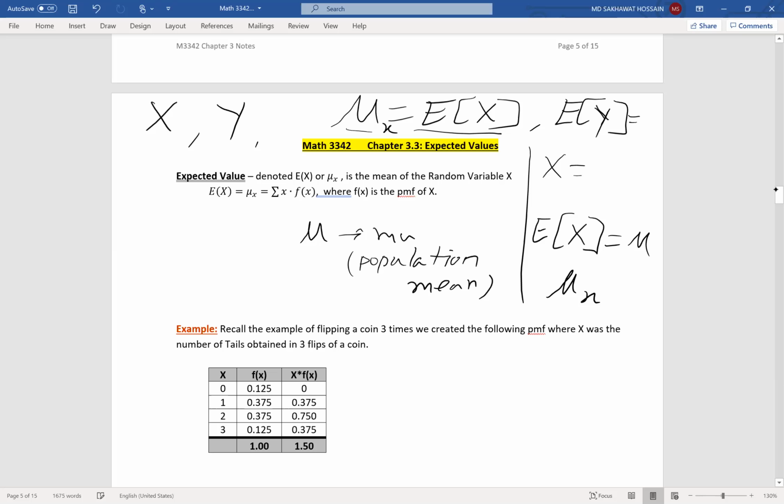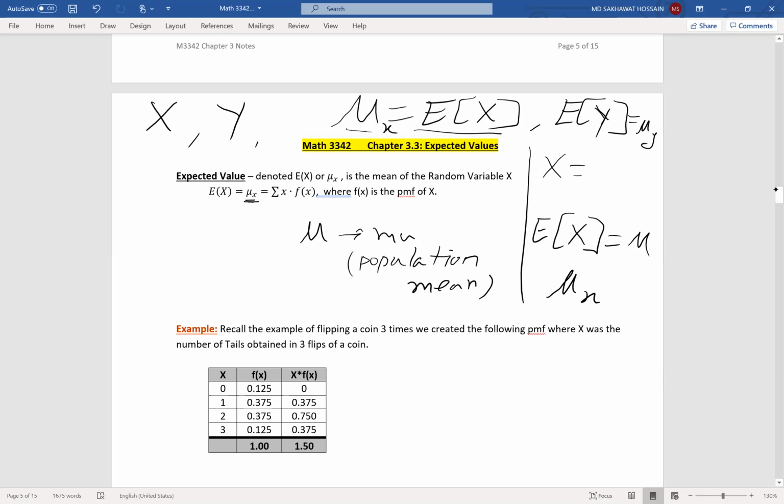So mu sub x is the expected value, or the mean, of x. And you can use mu sub y, mu subscript y, which is the mean of y. This notation is for the population mean. We used x here to indicate that this mean is for random variable x.